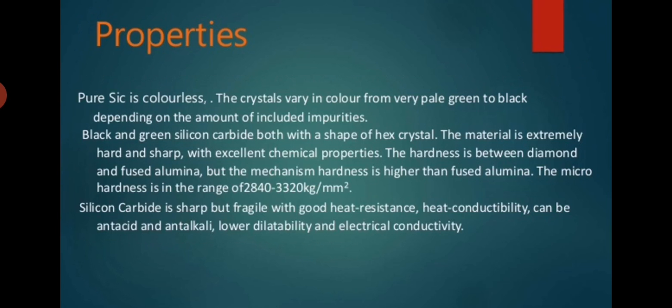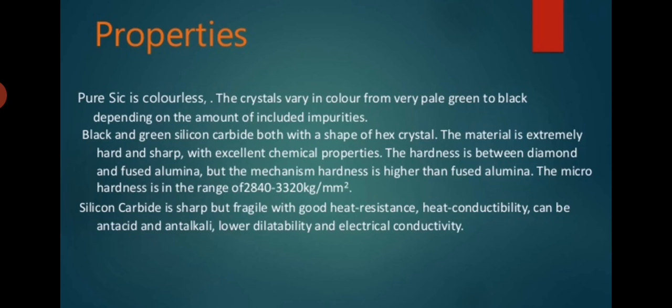Now coming to the properties of silicon carbide. Pure silicon carbide is colorless. These are the crystals, colorless crystals, and they vary in color from very pale green to black depending upon the amount of included impurities.